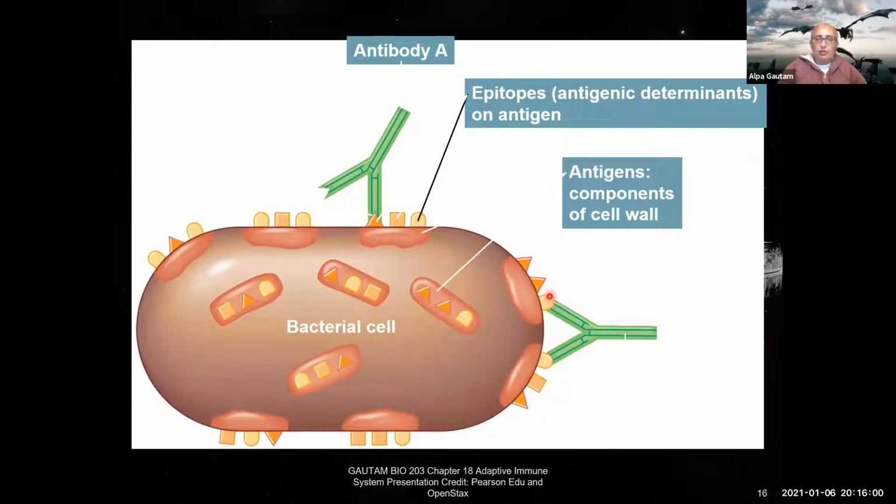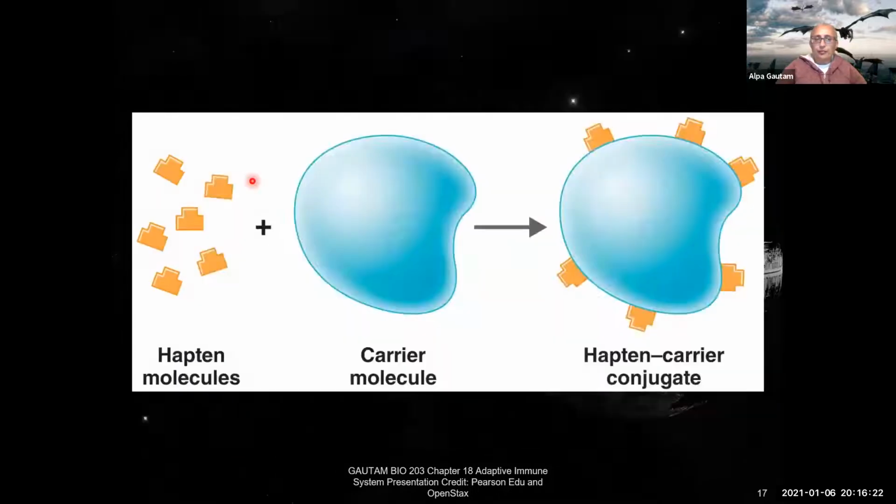Whereas this antibody only binds to this shape. So you can see what I mean, that antibodies have specific substrates that they can bind to. These are epitopes. This is what the antibodies are going to bind to. And once that happens, you activate the complement pathway, the classical pathway in this case, because it involves antibodies.